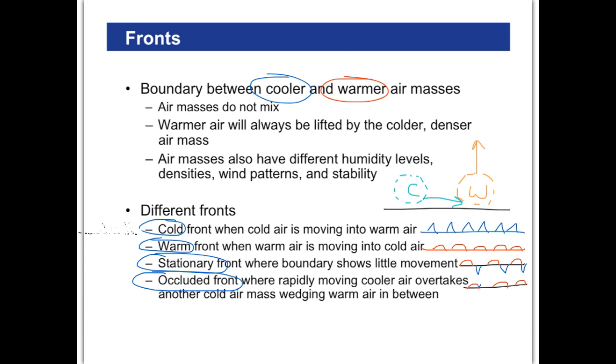An occluded front has them red, blue, etc. What these lines mean is the line between one air mass and another, so it's like the boundary line. You can read these descriptions right here, but when we get to the video where we label the different kinds of air masses, it'll make sense what these mean. These are simply lines on a map that show how different air masses, be they cold or warm, are interacting with each other.